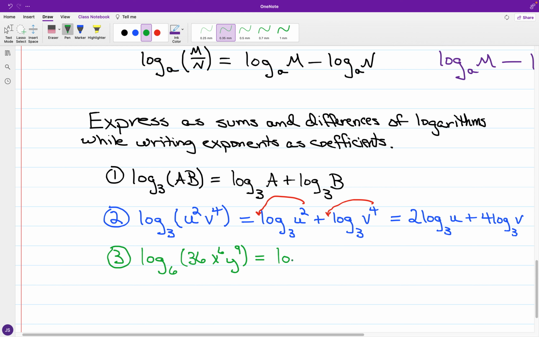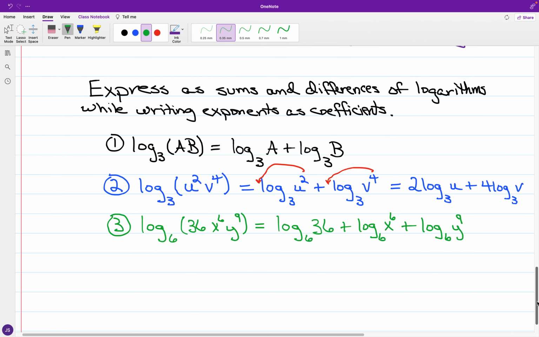So once I split up, I can write the sum of base 6 logarithmic terms. I have the base 6 logarithm of 36, plus the base 6 logarithm of x to the 6th, followed by the base 6 logarithm of y to the 9th.